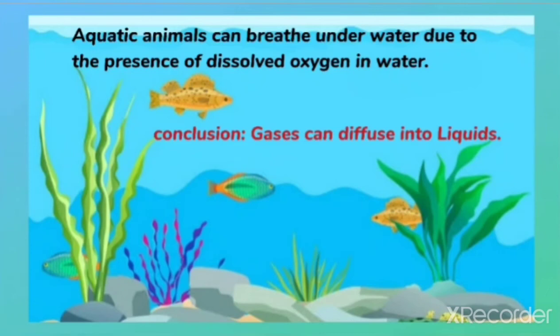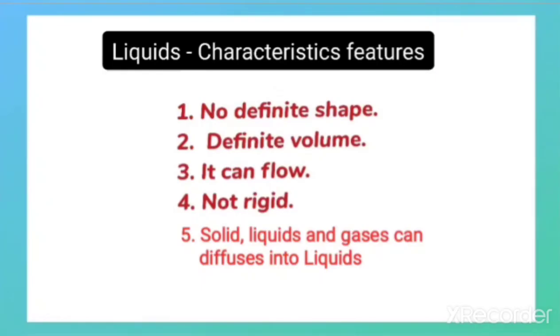So we have learned different properties from this activity. Let us write all these properties in this way. The characteristic features of liquids: liquids have no definite shape, and take the shape of the container in which they are poured. They have definite volume, because the volume does not change even when transferred into a different container.